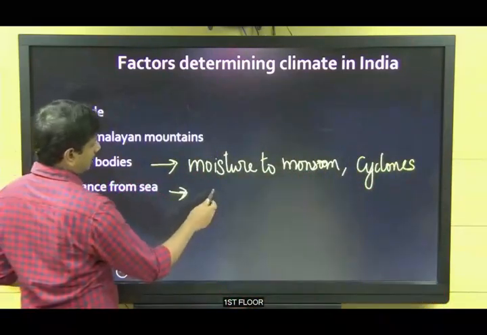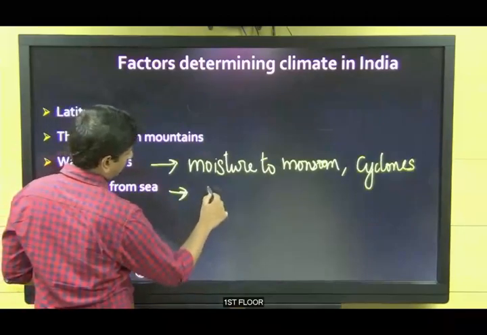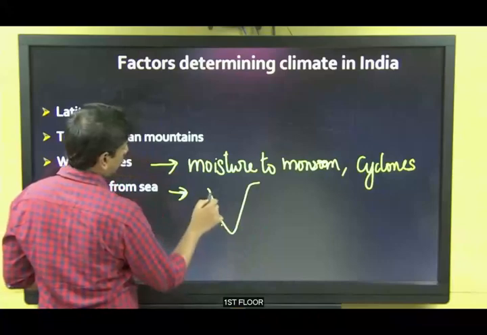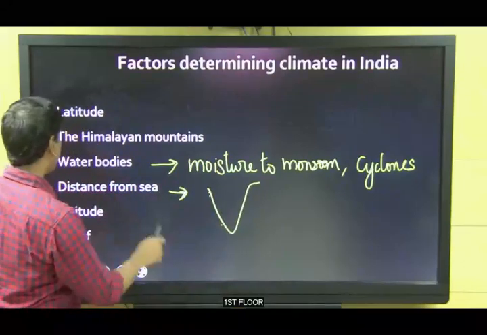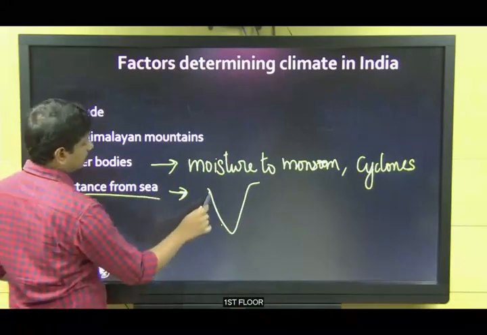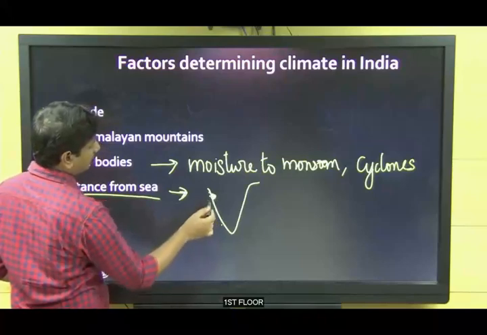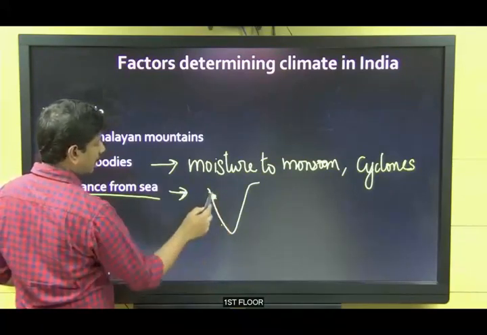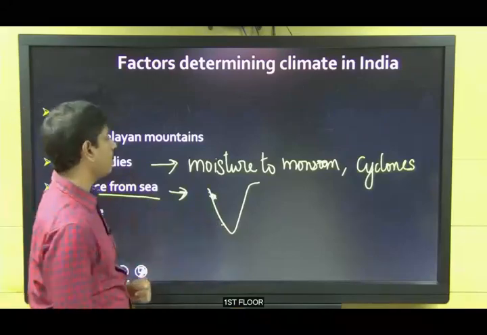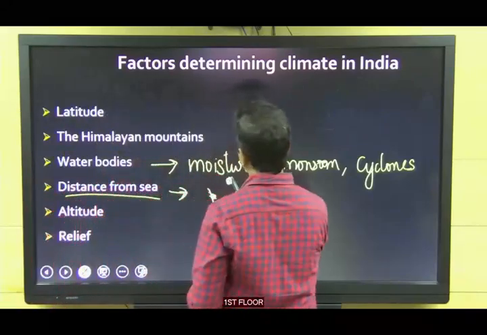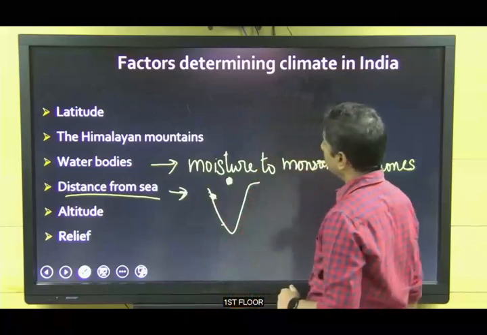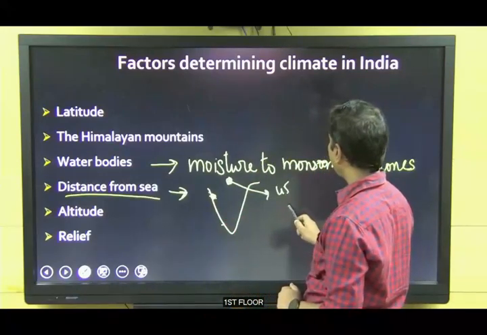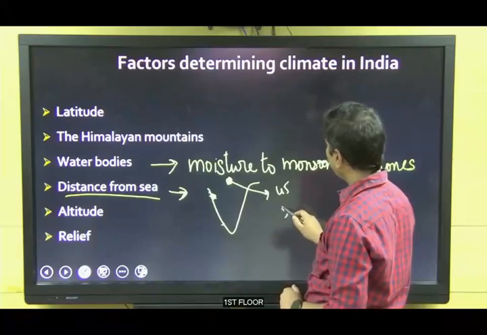When nearby the sea, for example Mumbai, Kerala, Tamil Nadu coastal region and all, there will be moderating effect of the sea. So the range between the day and night, summer and winter will be less towards the coastal region. But in Delhi, summer would be around 45 to 50, winter would be around 5 to 10 degree.